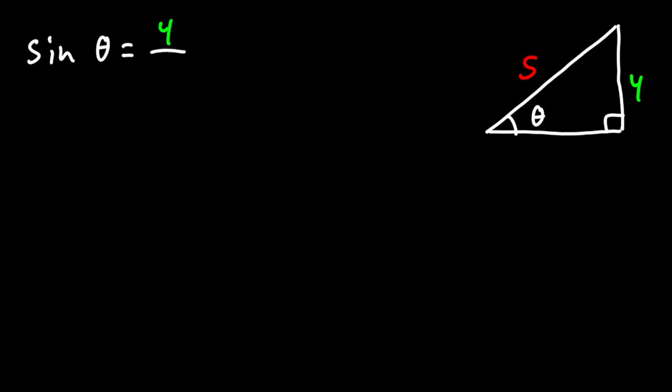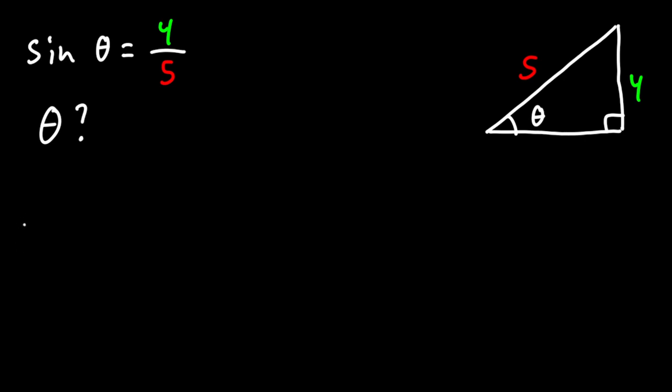Let's say we were given a right triangle with the unknown angle theta and the sides 4 and 5. We know sine of theta is opposite over hypotenuse. So that's 4 over 5. Now, what if I asked you to solve for the angle theta? How can we do this?